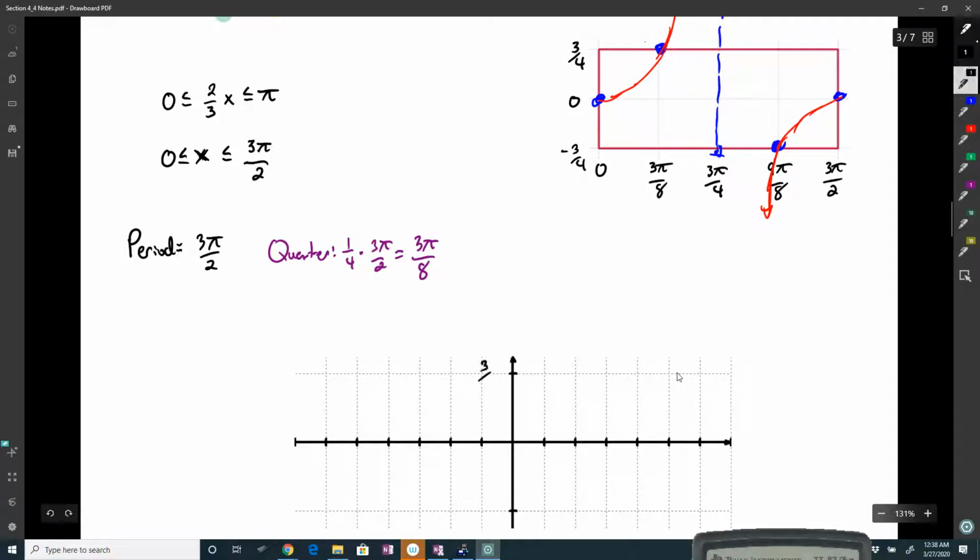Now I just got to put it in context of the graph down here. So I know that this is 3/4, negative 3/4, and I'm just going to go in order. Why not? So 3 pi over 8, 3 pi over 4, 9 pi over 8, 3 pi over 2, and there's my box.